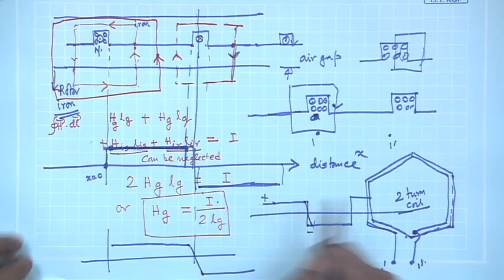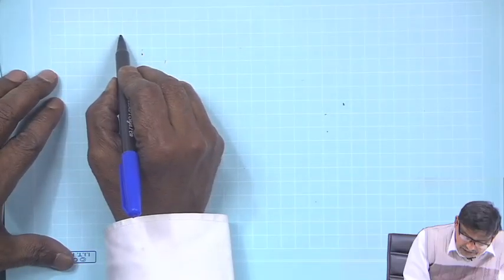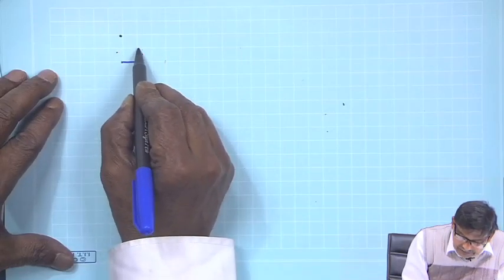Therefore, the H distribution of a multi-turn coil like this, if I finally sketch it, let us repeat that, it is nice.